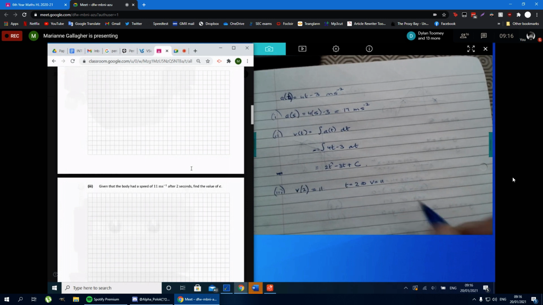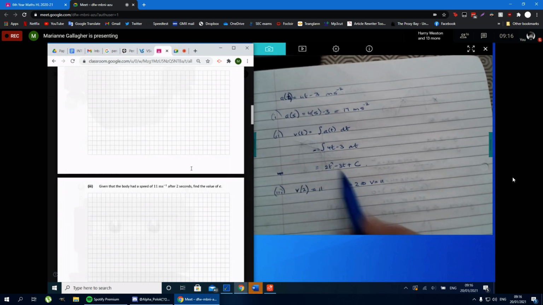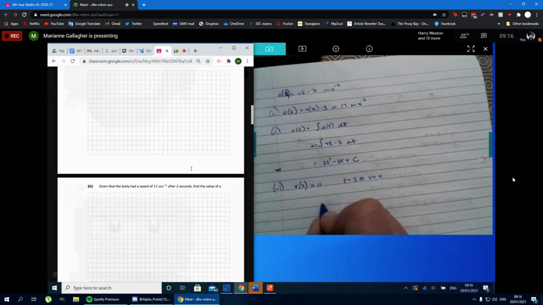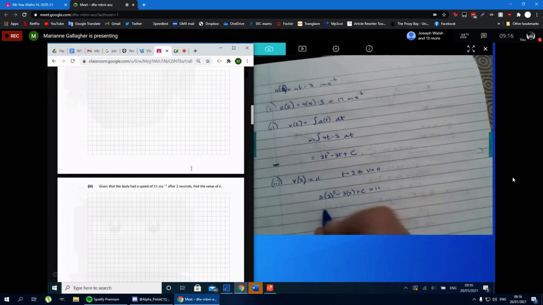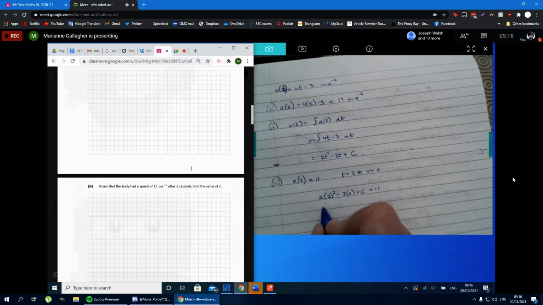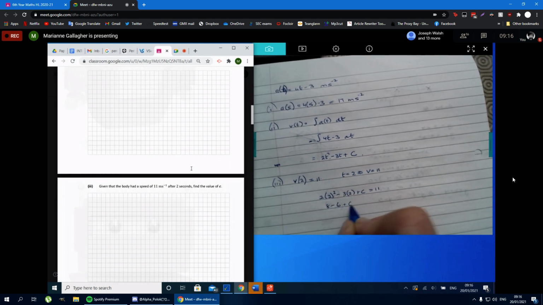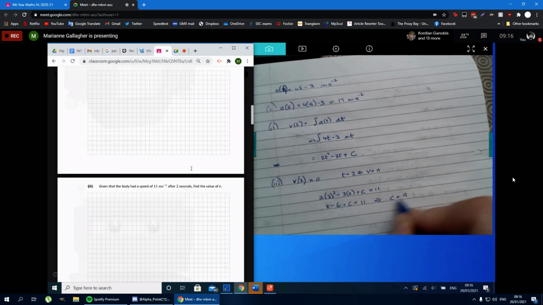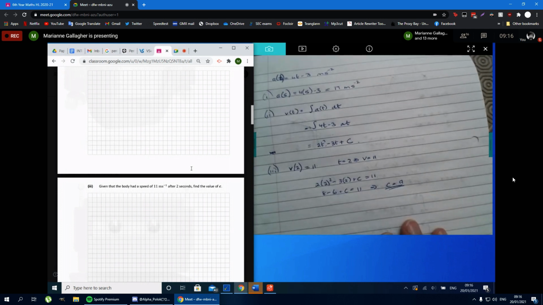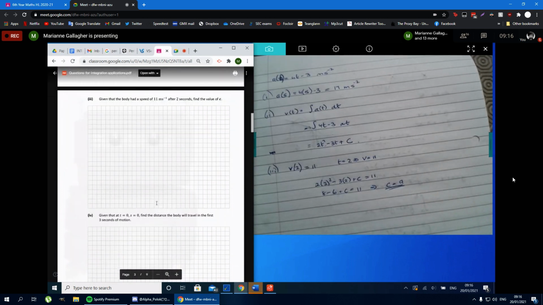So we sub in 2 for t, and we know our answer should be 11. So 2 by 2 squared minus 3 by 2 plus c equals 11. That's 2 by 4, which is 8 minus 6 plus c equals 11. That's 2 plus c is 11, so c is equal to 9. That's find the value of c.